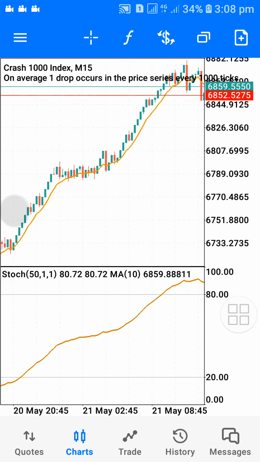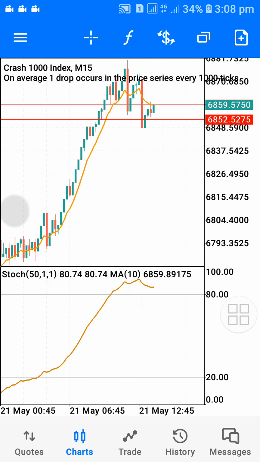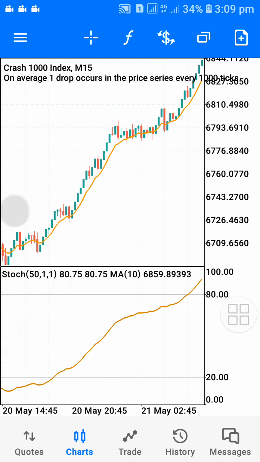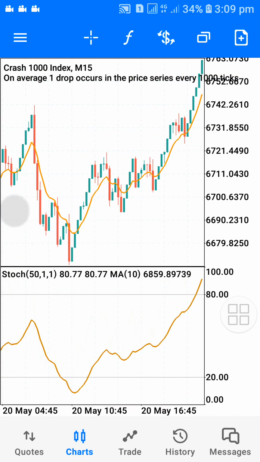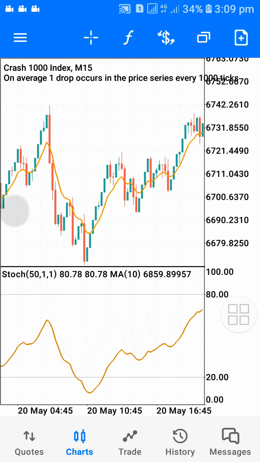So now I want to tell you, you should always make sure you trade from your support or from your resistance. Trade when you have the market on a resistance, follow it up, and trade when you have the market on an uptrend or downtrend, and then you follow it up.